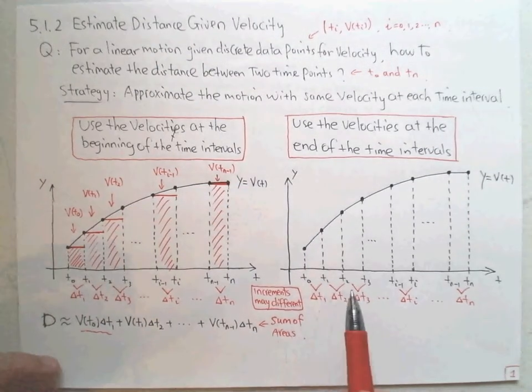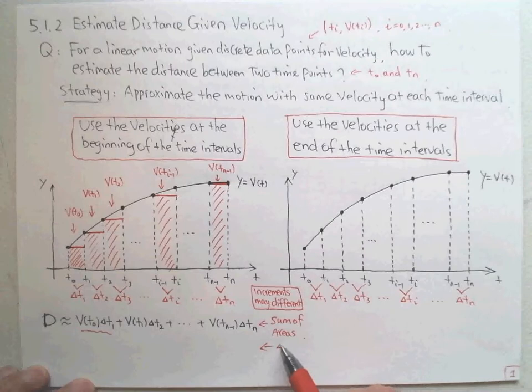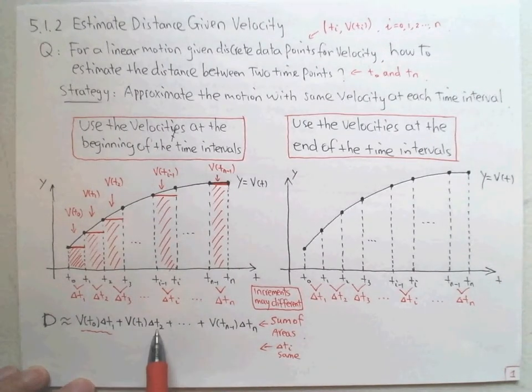Okay, so if all delta t_i are the same, I go back to the very familiar formula. See, delta t_1 equals delta t_2 equals delta t_n, all the same.